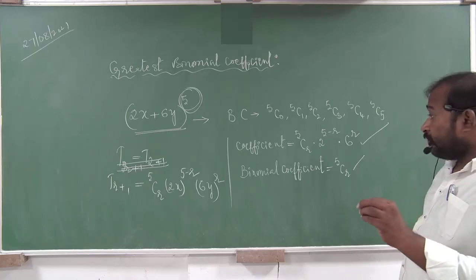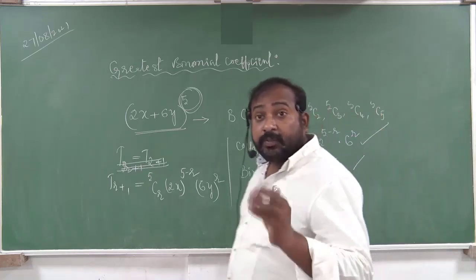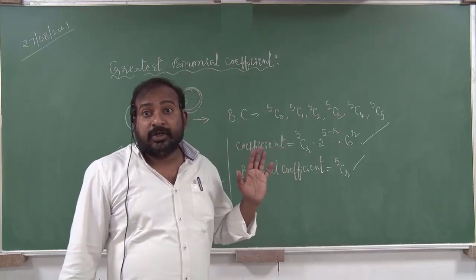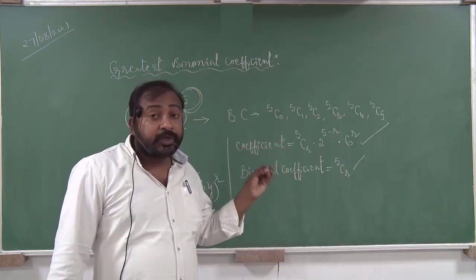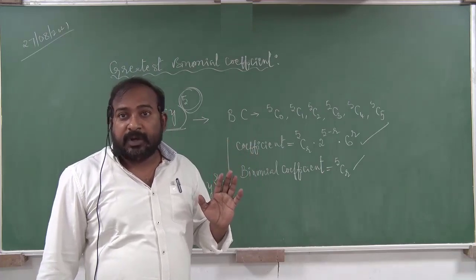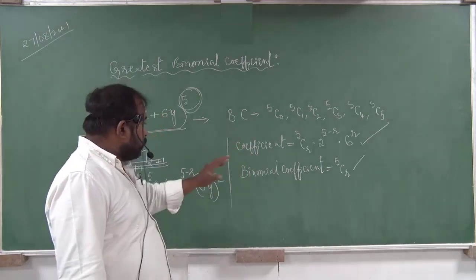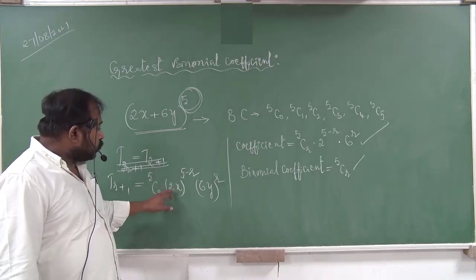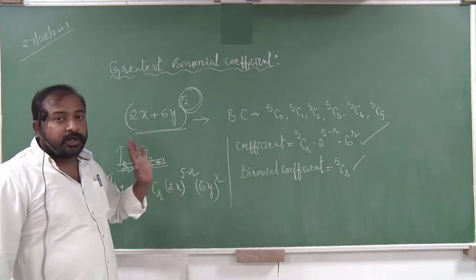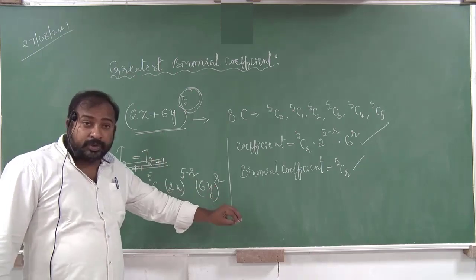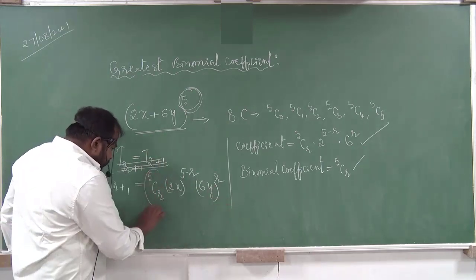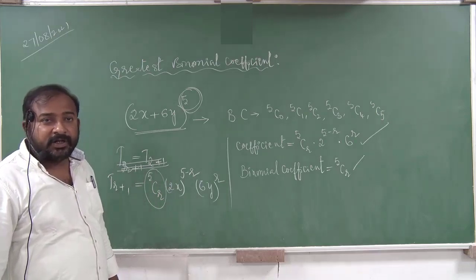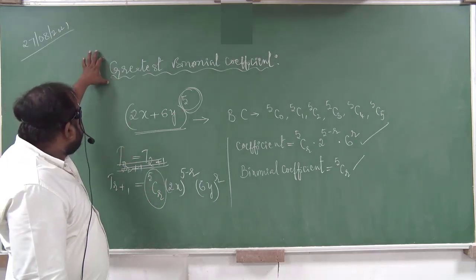There is a lot of difference between the coefficient and the binomial coefficient, so don't confuse them. Coefficient means you consider 5Cr into 2 power 5 minus r into 6 power r. Binomial coefficient is only 5Cr.